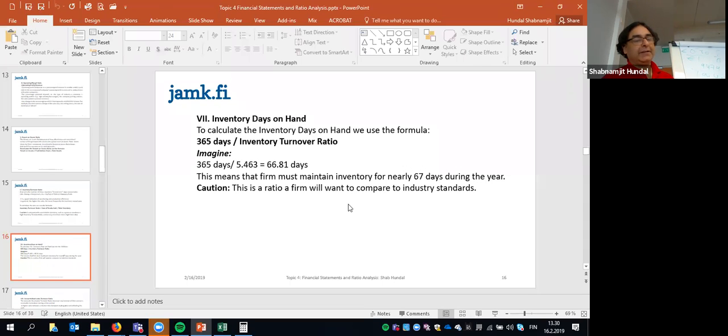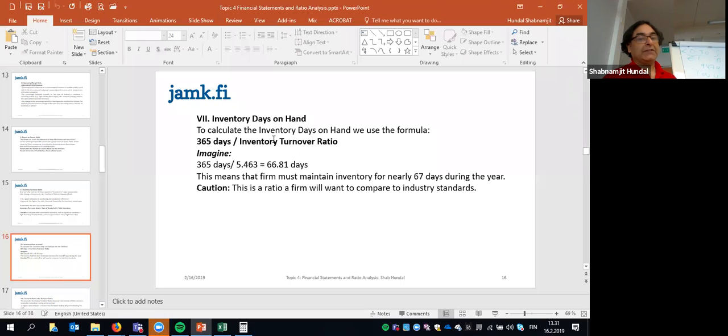Inventory days in hand. I have the inventory turnover ratio. First of all, let me tell you, the larger the inventory ratio, the more activity it shows in the company.